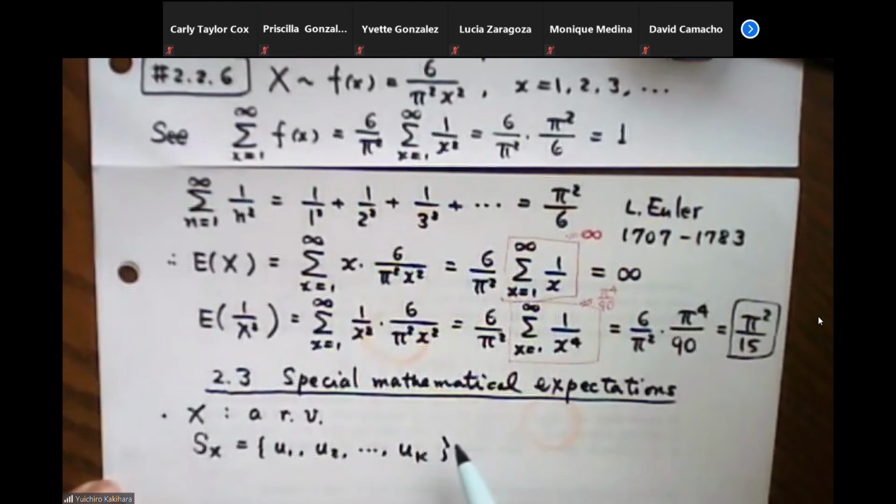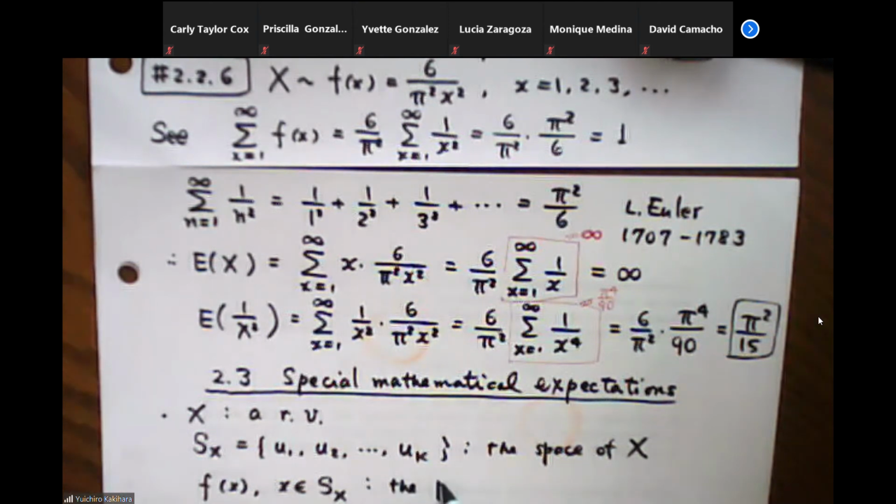This is the space of X. And f of x is given as a PMF, for x in the space S sub X, the probability mass function of X. And necessarily, the sum of f of x, x in S sub X, is equal to 1.